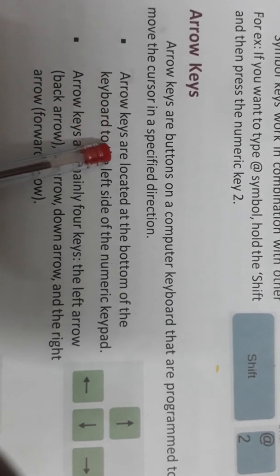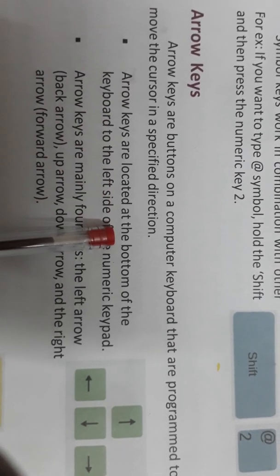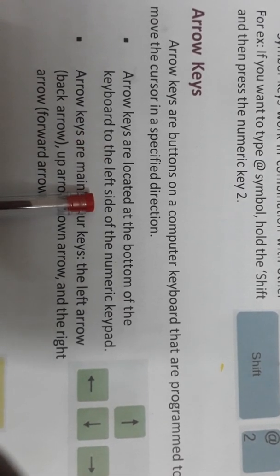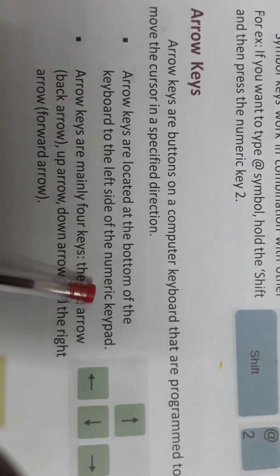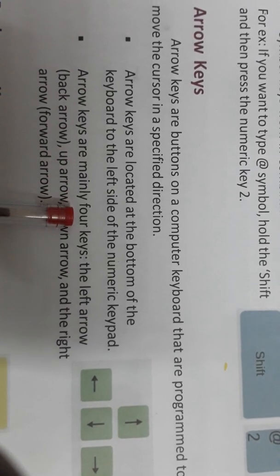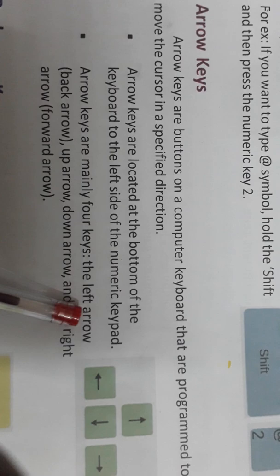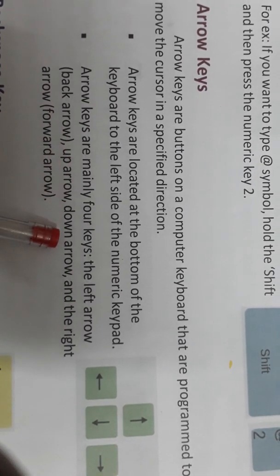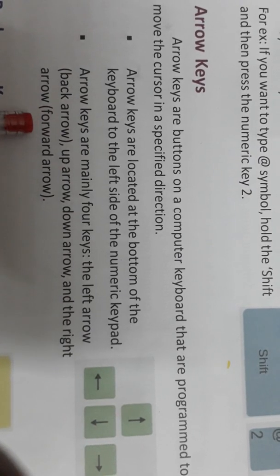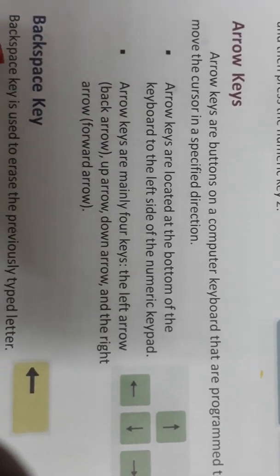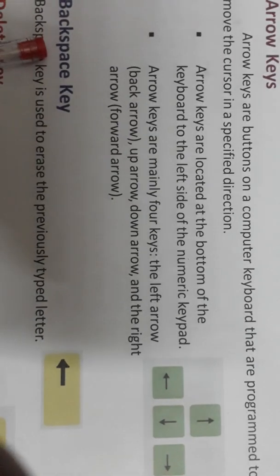Arrow keys are located at the bottom of the keyboard to the left side of the numeric keypad. Arrow keys are mainly four keys: the left arrow, back arrow, up arrow, down arrow and the right arrow, forward arrow.